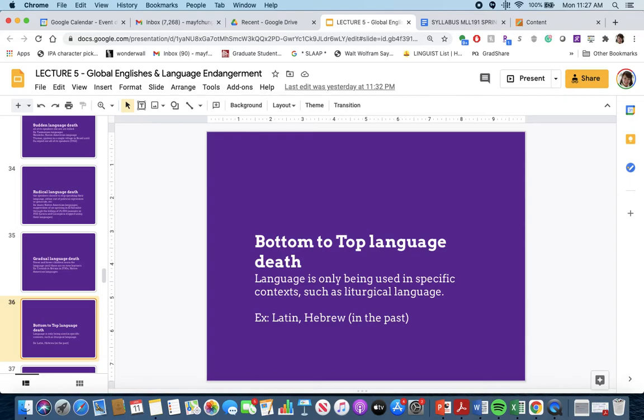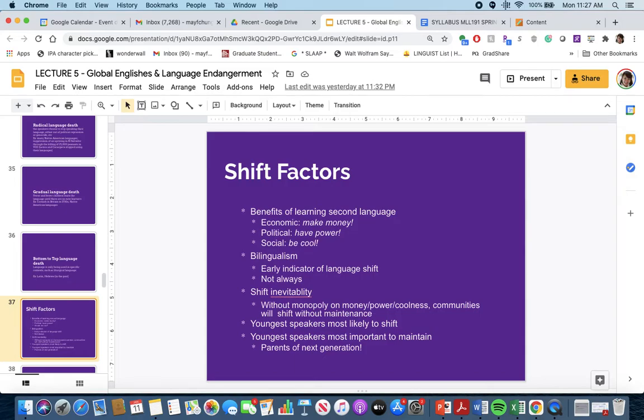So we would say the language is dead, but in some cases it's still very much alive. Latin will still be a necessary part because it influences so many of the languages that we have. Hebrew in the past was a specifically liturgical language. It was only used to read the Torah and other religious texts, and now it's a native language for a lot of people in Israel and a lot of people in the United States.